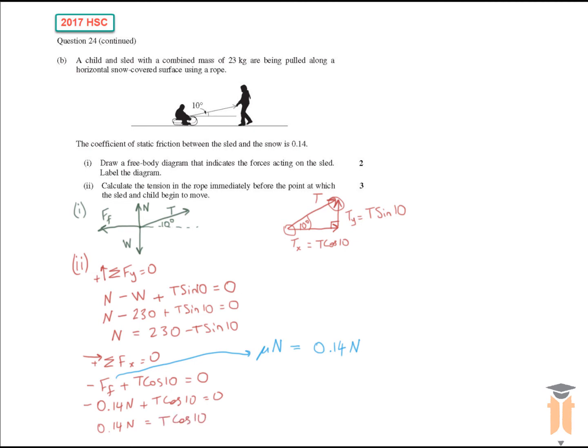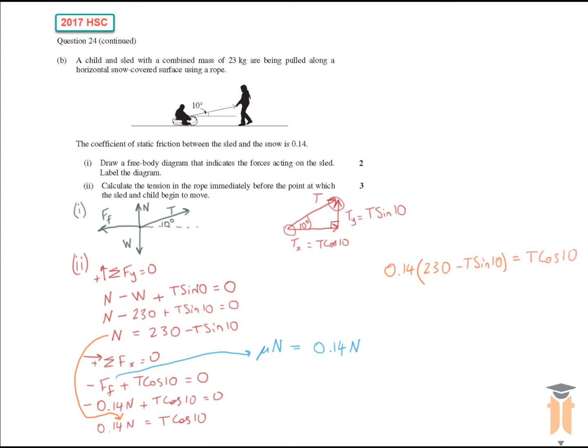So now sub the equation that we got for N into this equation, and you get the following: 0.14 bracket 230 minus T sin 10 equals T cos 10.